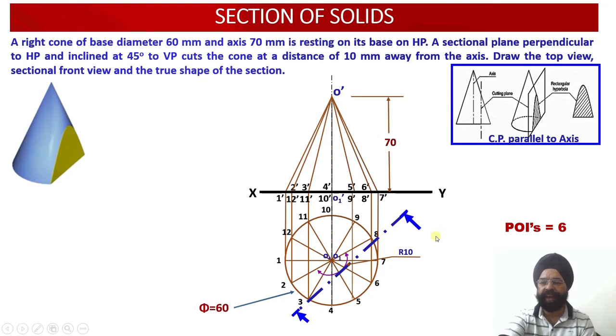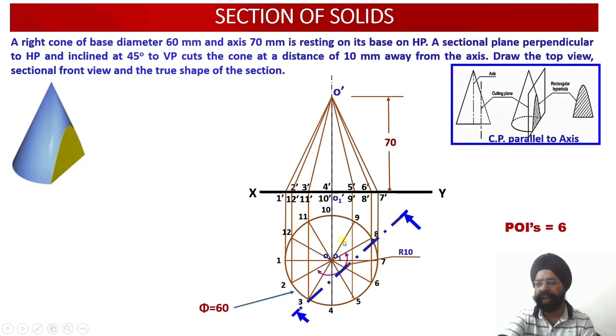Having identified the 6 POIs, now we are going to do the numbering of all these POIs and transfer each POI in the front view. Because POIs have been located in the top view, only the numbering is left. So we can start from one side. The first point, which is lying on the base circle between the sectors 7 to 8, where the cutting plane is intersecting the base over here.